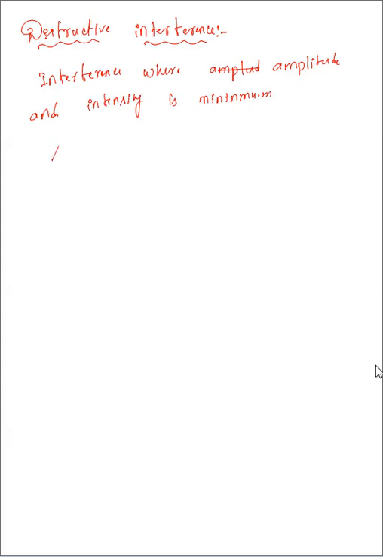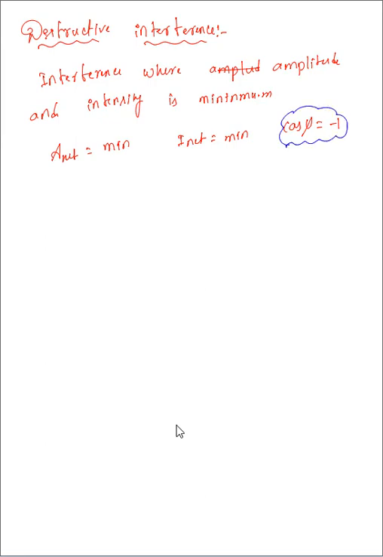Amplitude A net should be minimum. Second point, I net should be minimum. We can achieve all these cases when cos phi equals -1, because the minimum value of cos phi is only -1. That's why we achieve this case when cos phi equals -1.